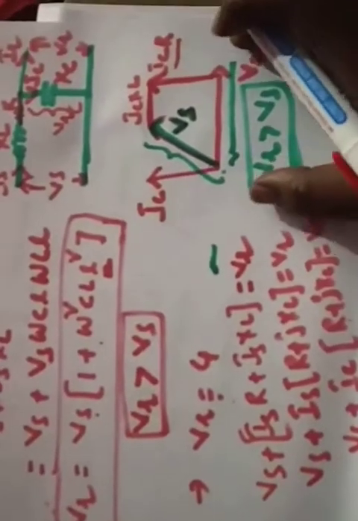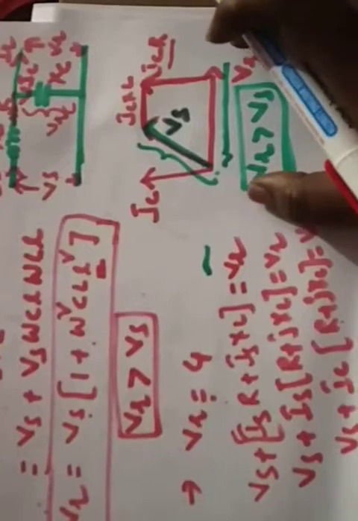So whatever the VS, add this one. So we can call this VS, right? VS plus ICXL, that we can call VR. So this is the phasor diagrammatical representation. From this you will see the value of VR is greater than the VS value.